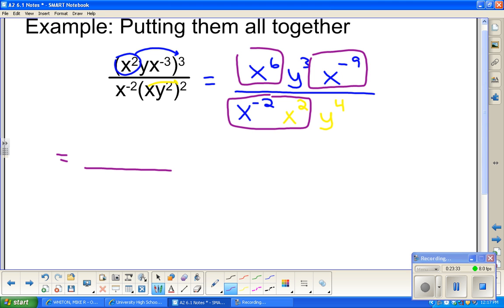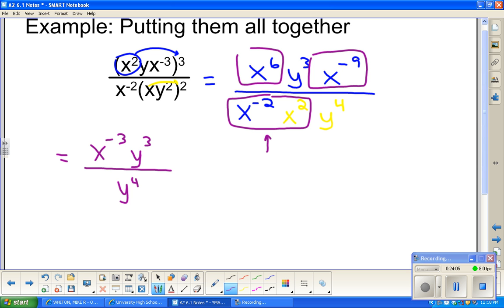X to the negative third, adding the exponents, and y to the third is still there for now. Now in the denominator down here, negative 2 plus 2, that's a 0. It's x to the 0. X to the 0 is just like having a 1 there, so it basically doesn't do anything. It's just like 1 times y to the 4th. It's just y to the 4th down there.